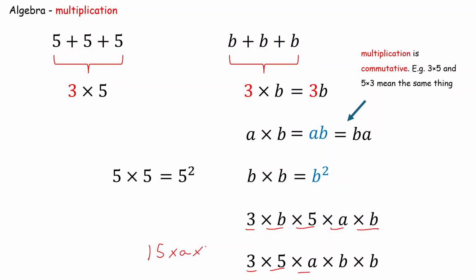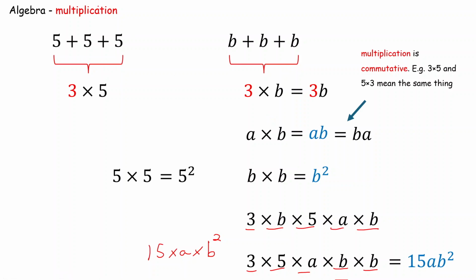We're then timesing it by b times b, and b times b was b squared. And we know in algebra, if you're timesing this all together, you can group it all together to give you 15ab squared. And again, the number first, and then alphabetical order, a, and then b squared. So I would make some notes on this if you need to, some really important ideas with algebraic notation here.